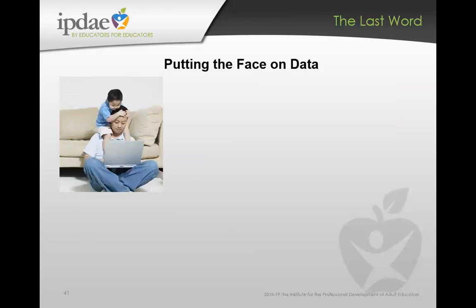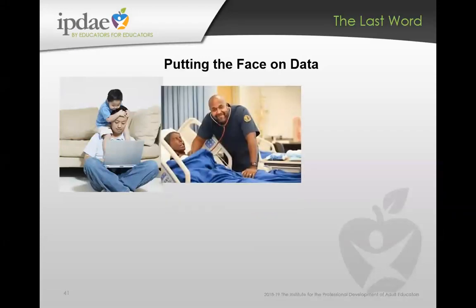Just keep in mind, we're doing this because we know that in your class, your students are not just plain numbers. These are dads and moms, single parents who are trying to finish their ABE or GED in order to support their family. Or maybe a student who wants to be in the medical field and help and serve the needy.